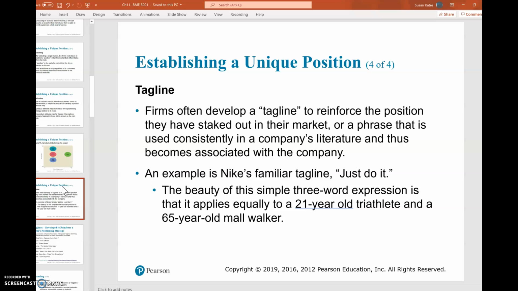So you want a tagline that is going to be kind of universal, unless you want it for some particular market, in which case you want it to be really targeted at your specific market. So that's really important. I'm going to stop there because otherwise I'm going to have to put this into a few segments.